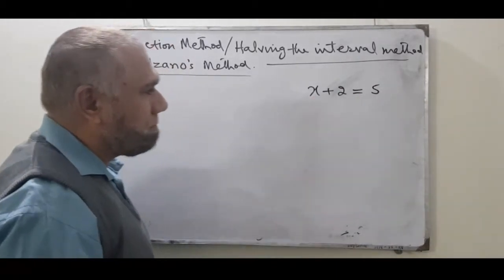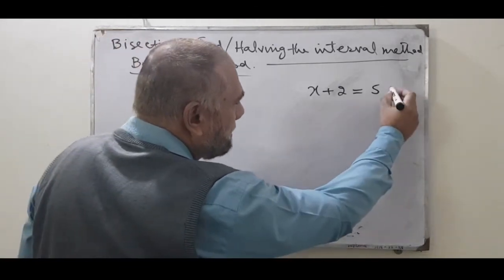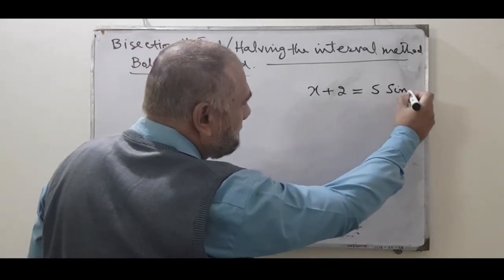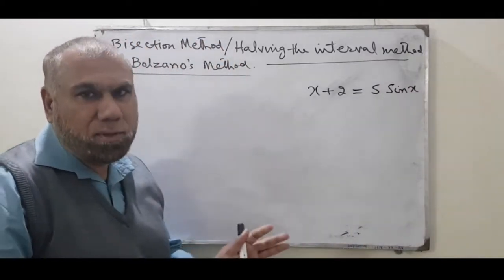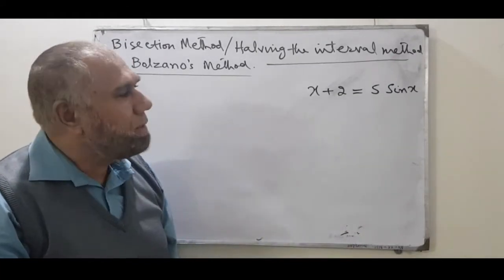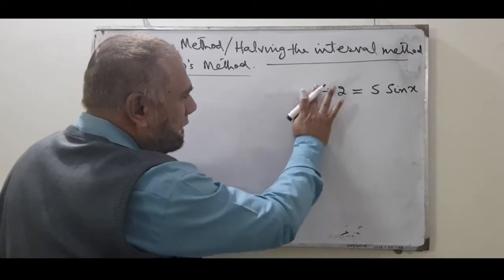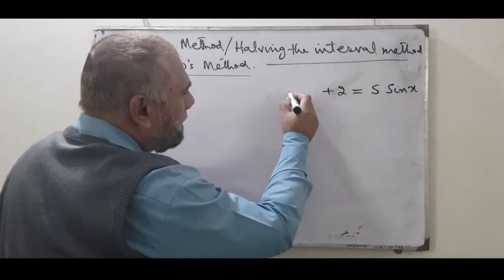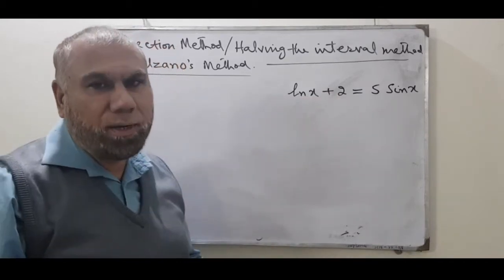But if I make a change in this equation and introduce a trigonometric function, say sine x, now perhaps it is not very simple to say which value is going to satisfy this equation. And further, if we change it to log of x, it becomes a bit more complicated.